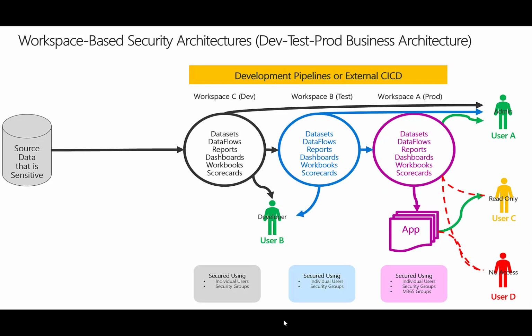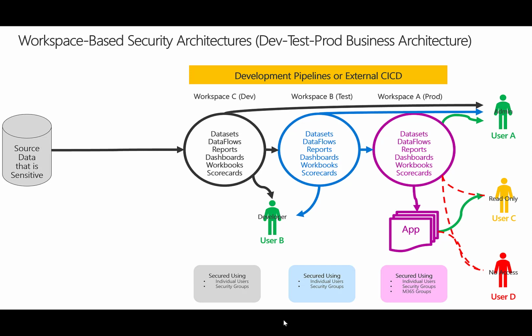Now, the next option adds a little bit of complexity. This is where you have deployment pipelines. And what you'll notice here is that there's three workspaces, A, B, and C, dev, test, and prod. And in the dev and test workspaces, user B, who's a developer, might have access to publish and change content. But then in the production workspace, only the admin has permission to update content and to deploy to the app.